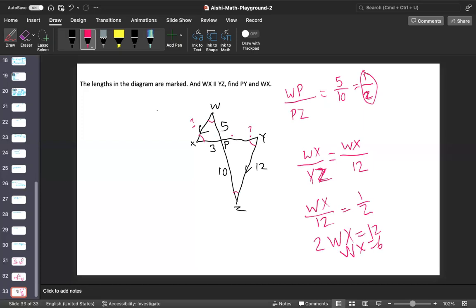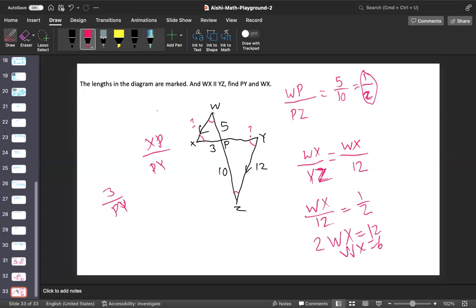Now let's do the same for BY. So the corresponding side to BY would be XB. So then XB divided by BY is also 3 divided by BY.